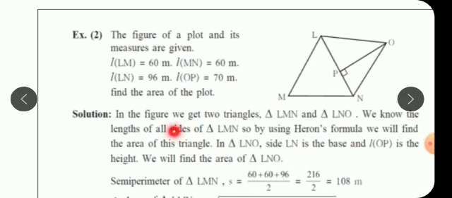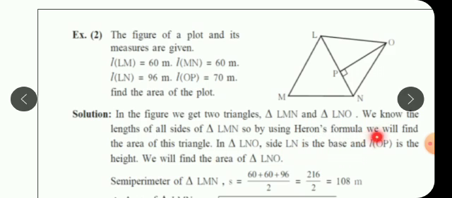Some explanation is given. In the figure we get two triangles. The first triangle is LMN, the second triangle is LNO. So one by one we will solve and find the area of each. We know the lengths of all sides of triangle LMN, that's why we will use Heron's formula to find the area of LMN.